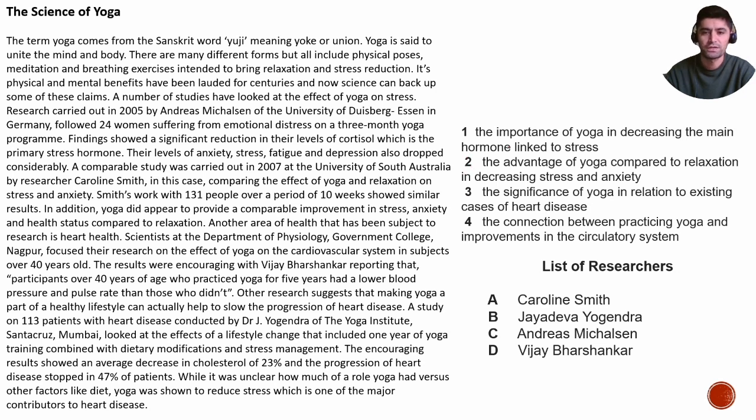The first thing we need to do, as we saw in the technique section, is underline the keywords in the statements. So here are the statements. Let's take a look at statement number 1. The importance of yoga in decreasing the main hormone linked to stress.